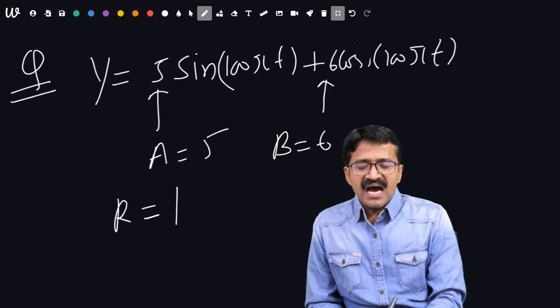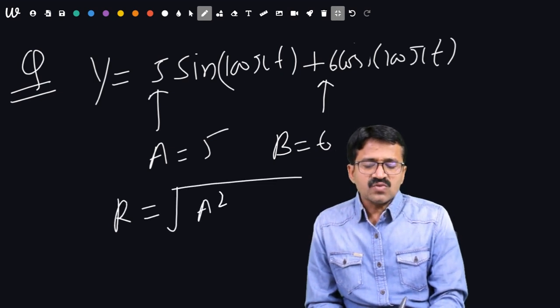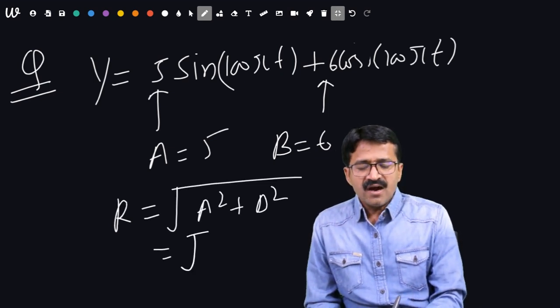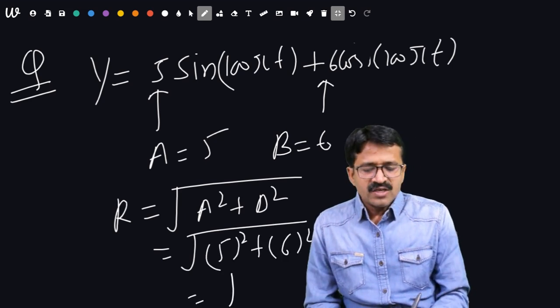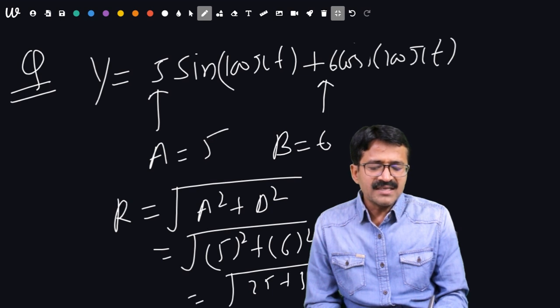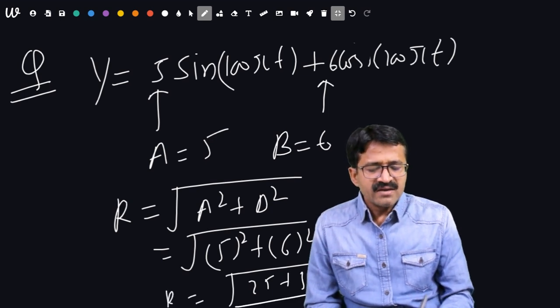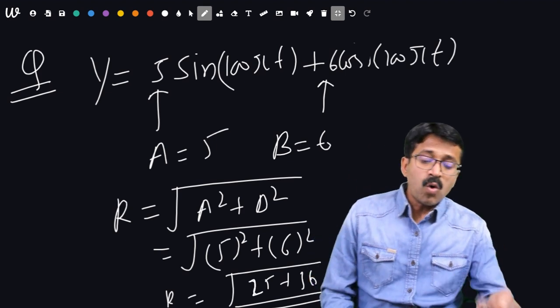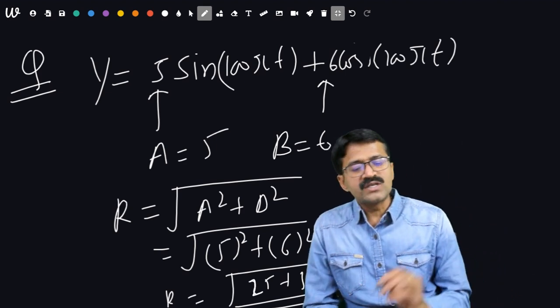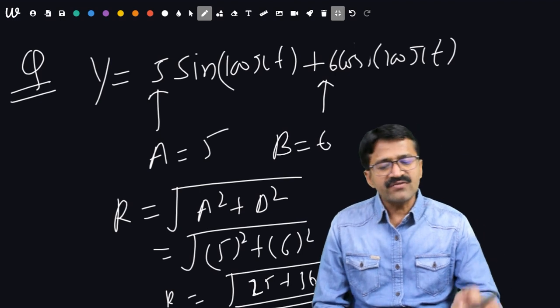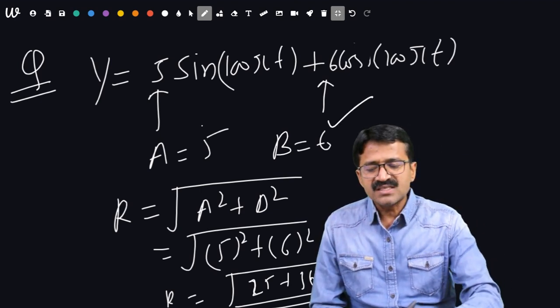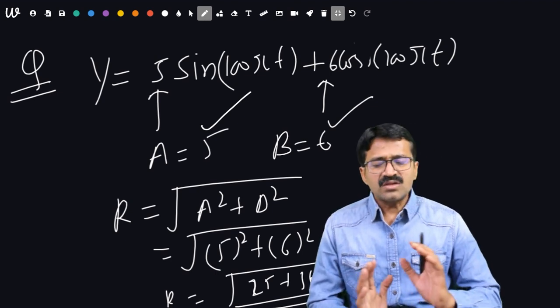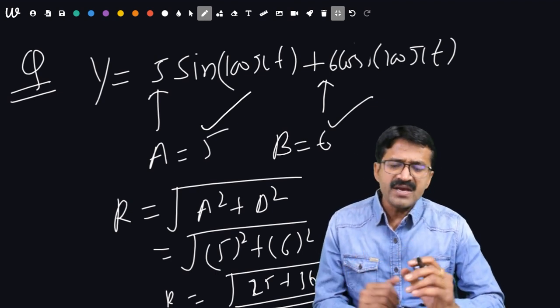This will be R = √(A² + B²) = √(5² + 6²) = √(25 + 36). This will be the resultant amplitude in this case. Now, what about the resultant phase difference? By using this, you can find the resultant phase difference. This will be tan θ = B/A, that is 6/5. So, such kinds of numericals can be asked on this.